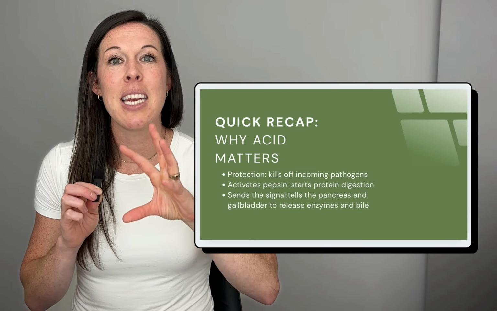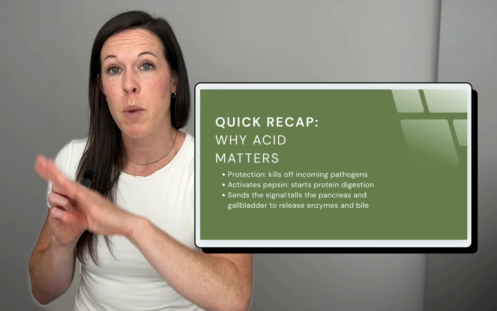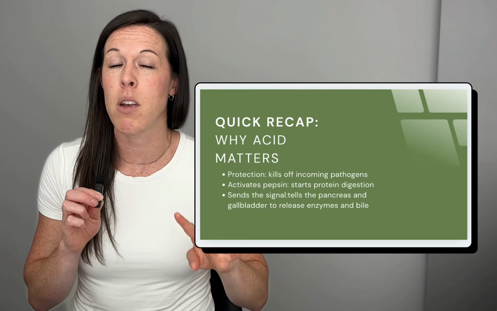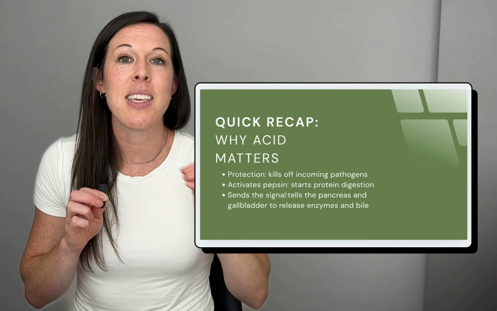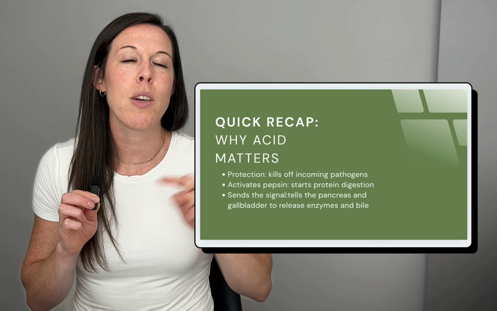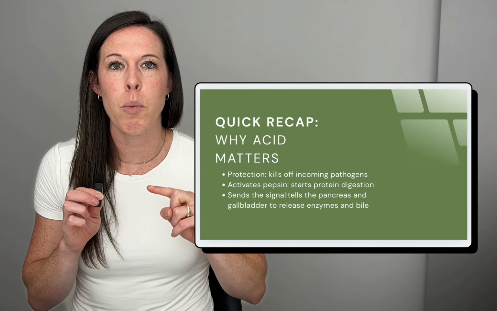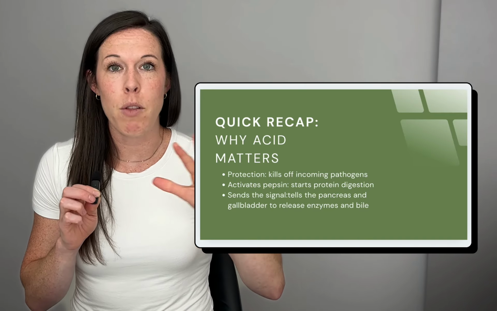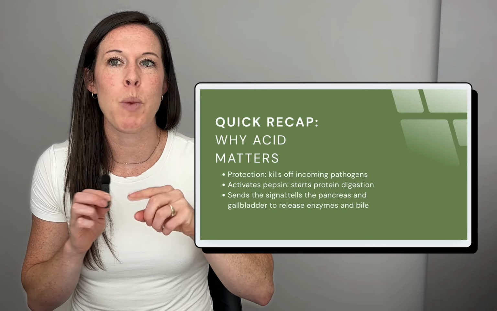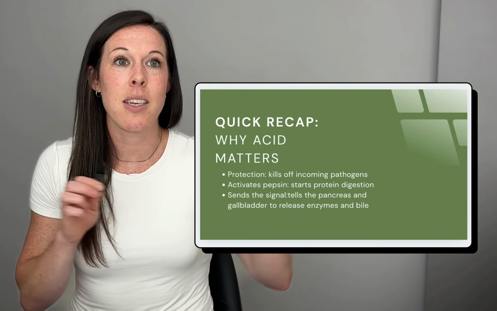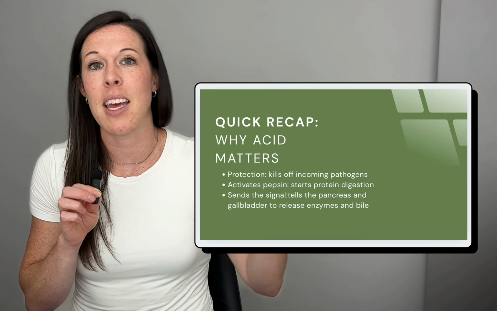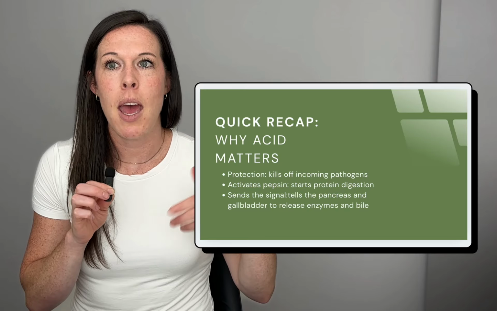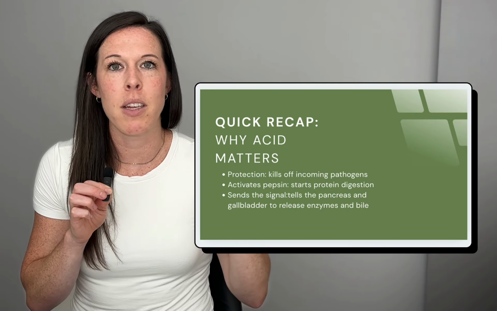Now, if the acidic nature of that mixture that comes from our stomach into our small intestine, because of low stomach acid, is not acidic enough, those signals aren't sent properly to the pancreas and the gallbladder, and therefore it can inhibit the further breakdown of those nutrients. Those signals are intended to communicate with different parts to say, hey, send back these digestive enzymes and bile and digestive juices.